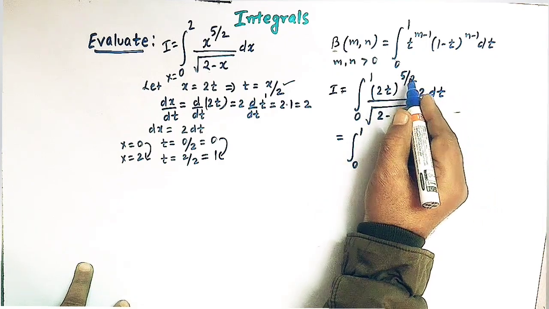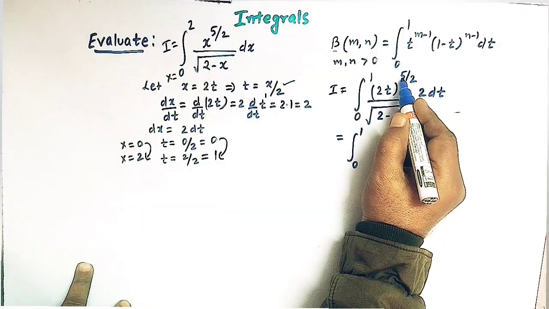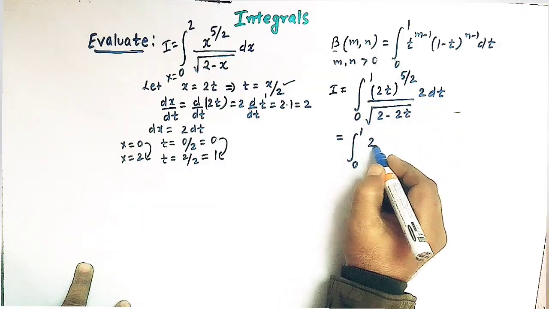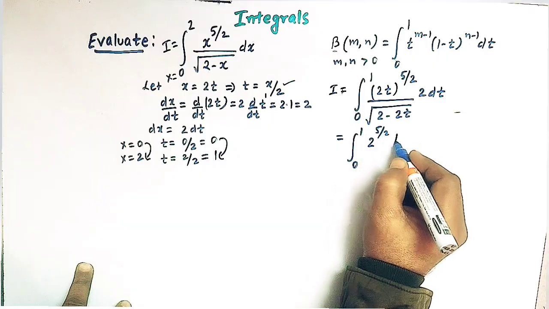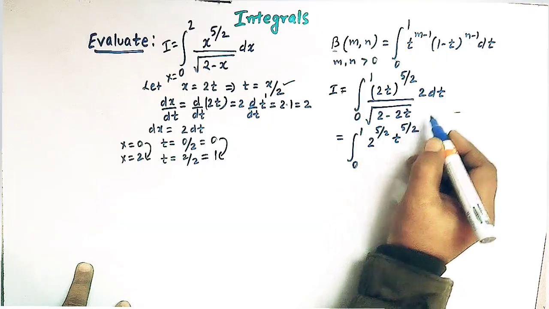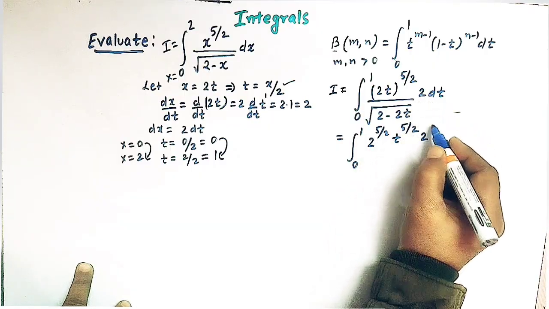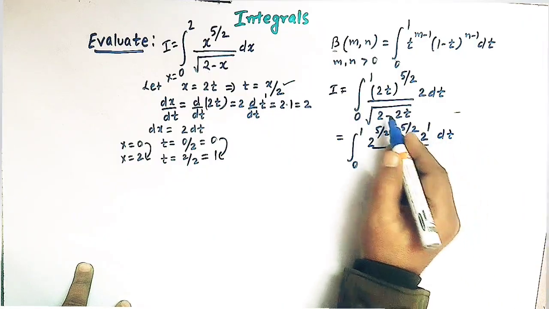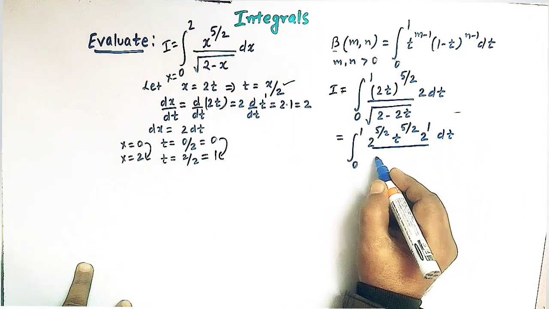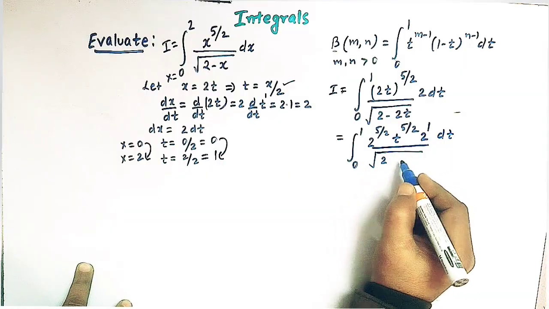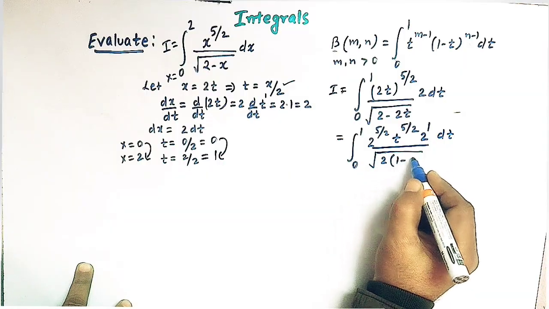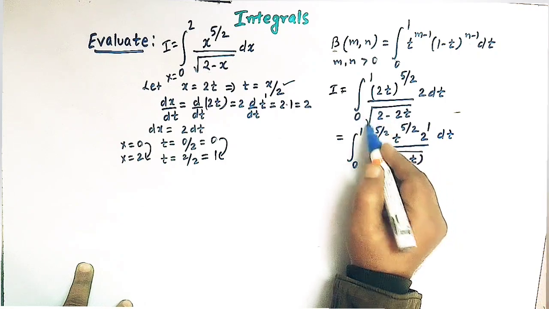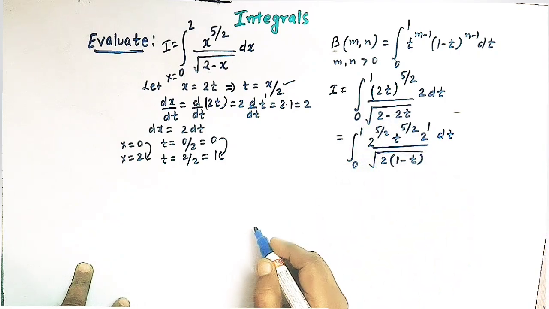So we can now distribute this power, that is 5 over 2, over 2 and t. So we have 2 raised to 5 over 2 times t raised to 5 over 2. Here we have 2 raised to 1 and dt, and in the denominator we have square root of 2 times (1 minus t), taking 2 common under the square root sign.